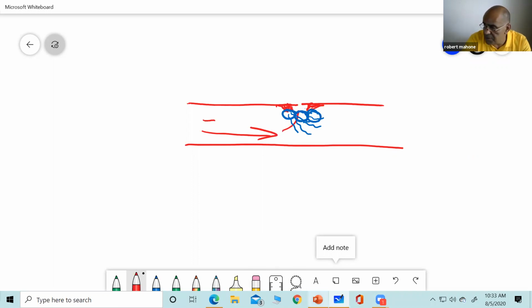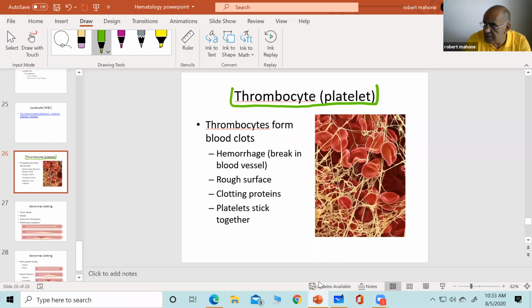And in this illustration, you can see the net. See how the net is not just catching platelets, it's catching blood cells and everything. And it's closing off the cut right there. So the hemorrhage or breaking a blood vessel causes a rough surface. The clotting proteins, we mentioned that in the plasma, will allow the platelets to stick together.